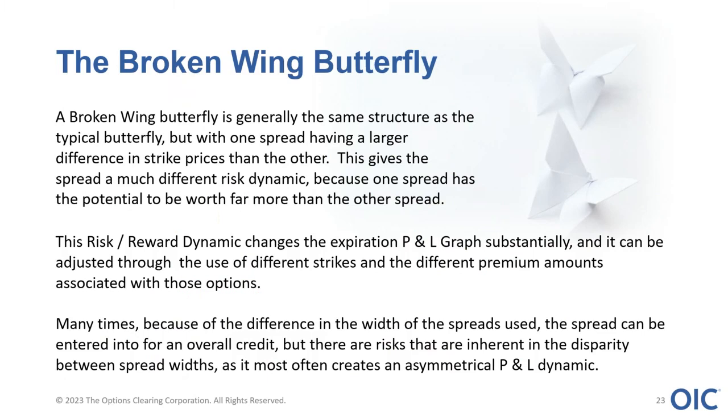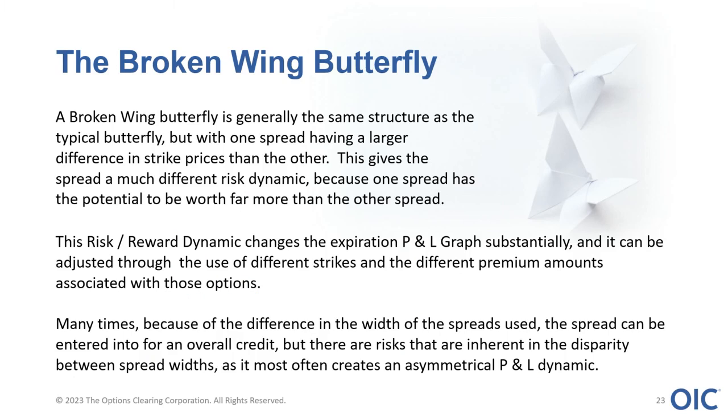Now, what this necessitates is that it gives you a little bit of a different risk dynamic, because if you're trading one $5 spread against one $10 spread, you have the potential that one spread could be worth $5, but the other one could be worth $10. And if you're long one and short the other, you don't have a perfectly balanced risk dynamic.